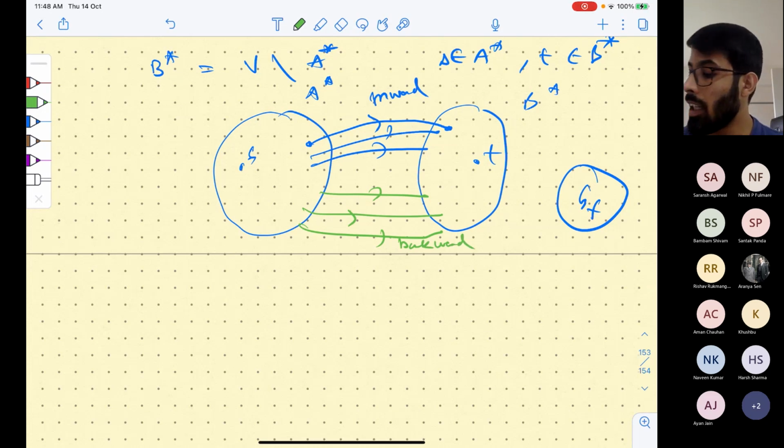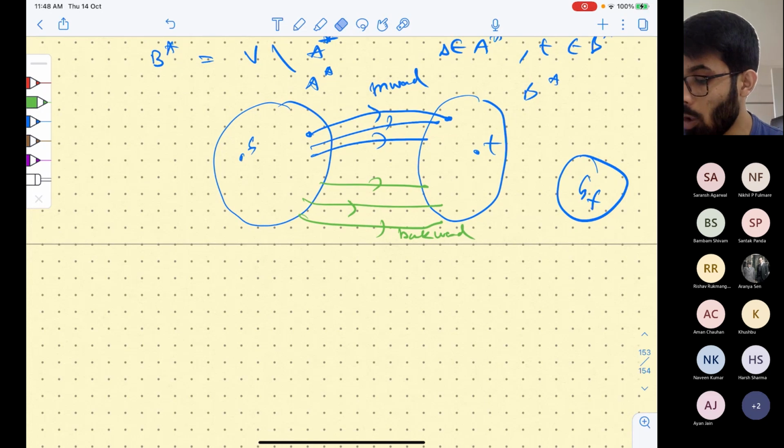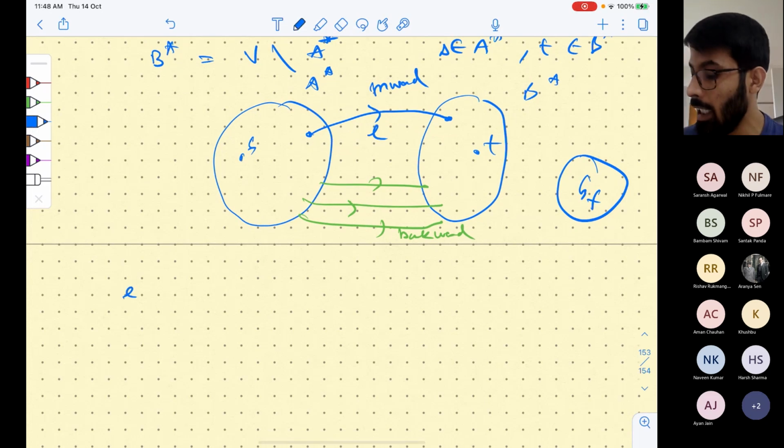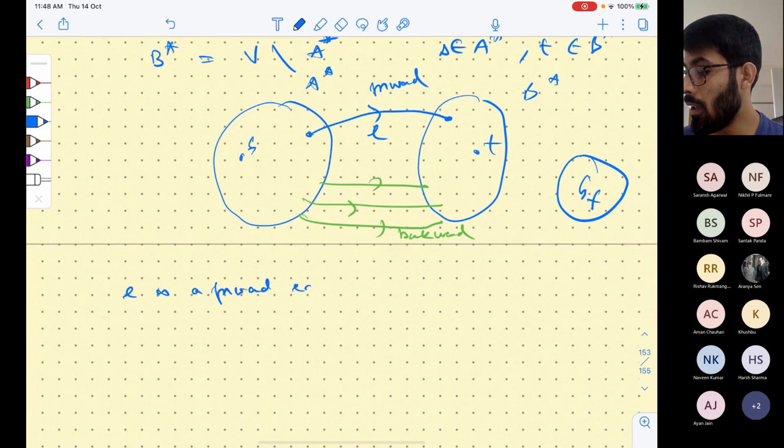So what does that mean? That means that for each forward edge, let's look at just one forward edge. So let's say E is a forward edge, which is there in G, but this edge E does not exist in GF.